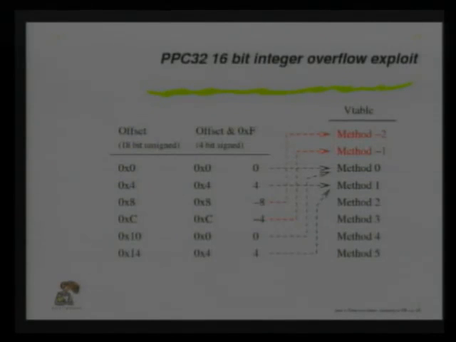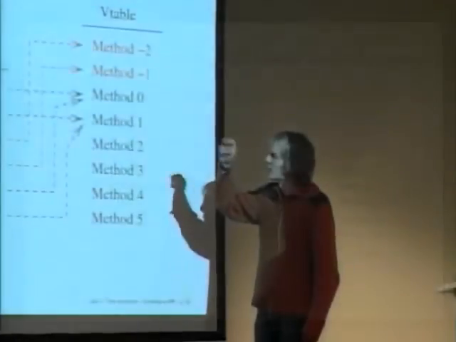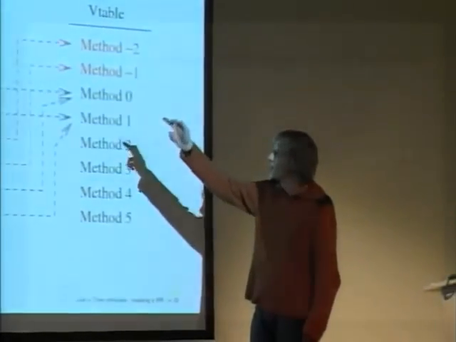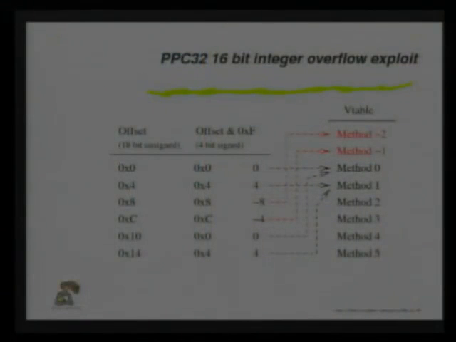And in the next column, we truncate this offset to a 4-bit signed value. So we see that for some offsets, they will keep the same value. Then for some other offsets, they will become negative. And then for the next set of offsets, they will become positive, but have some different value than was intended.